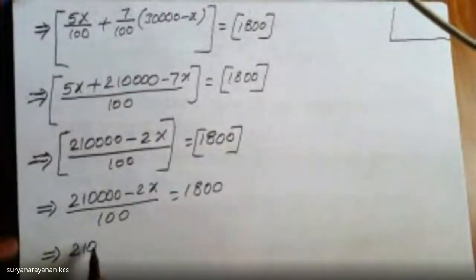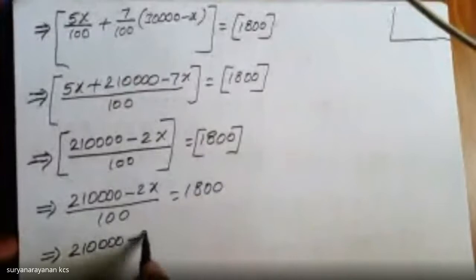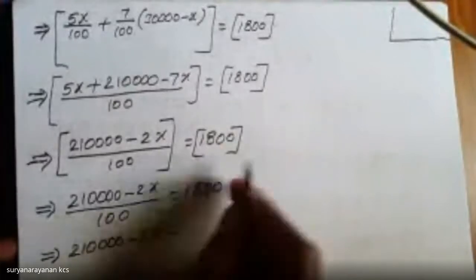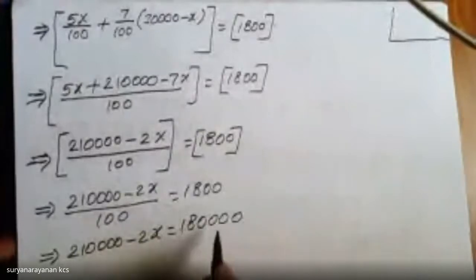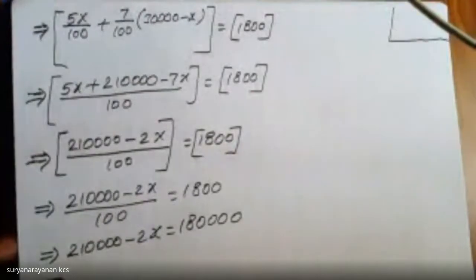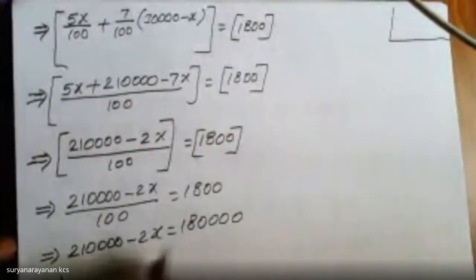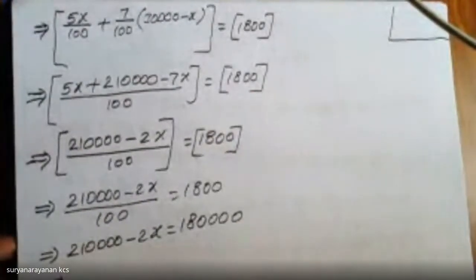2 lakhs 10,000 minus 2x is equal to, by cross multiplication, 1 lakh 80,000. By rearranging these terms, 2x is equal to 2,10,000 minus 1,80,000.